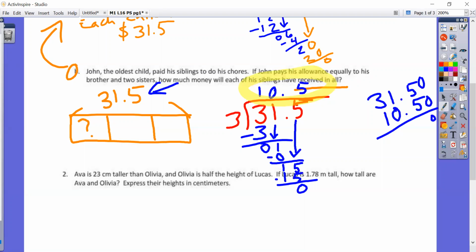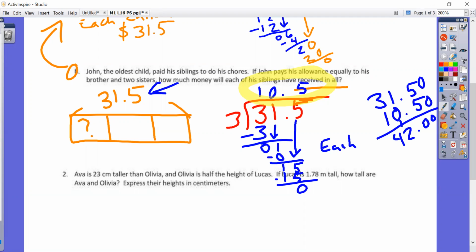And we can see that when we do this, whoops, I messed up. I need to regroup the one over here. 1 plus 0 plus 1 is 2. 3 plus 1 is 4. Each child now should get 42, or each of the siblings, right?